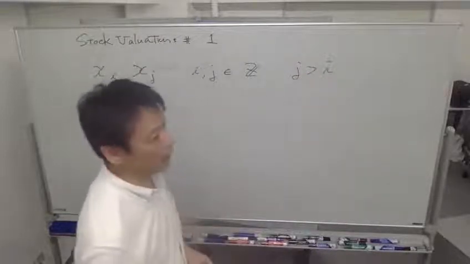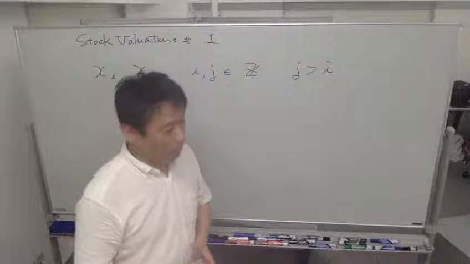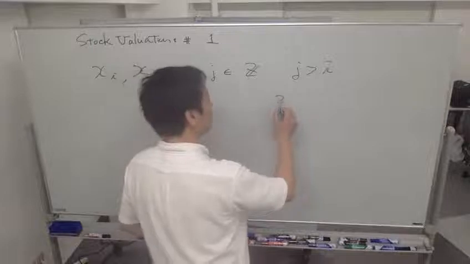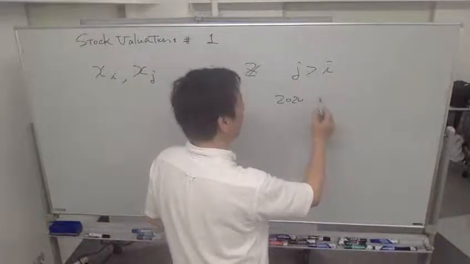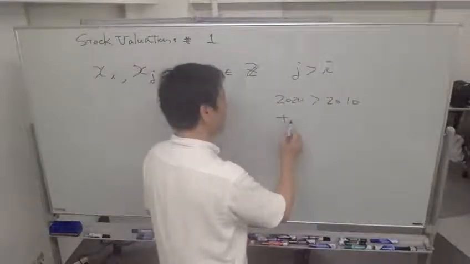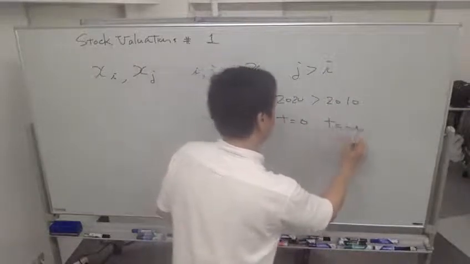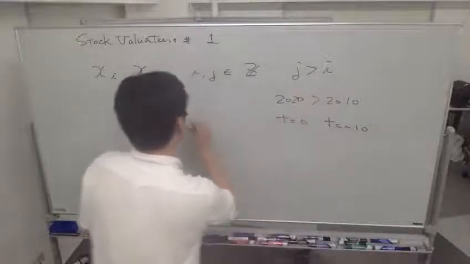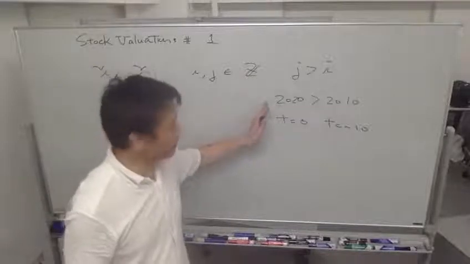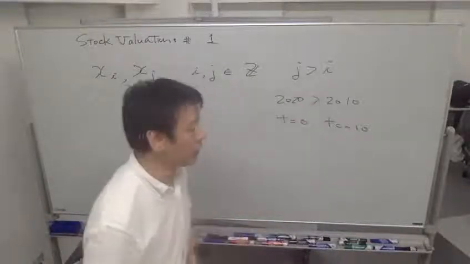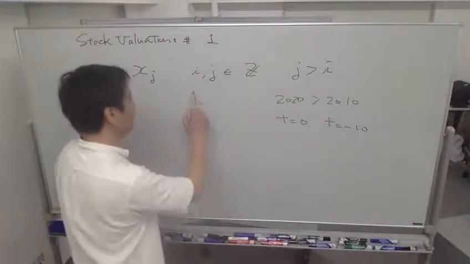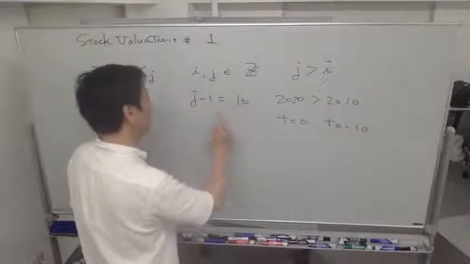For example, when are we? We are in 2020. For example, j would be 2020 and i would be 2010. If j is 2020, this year, and i is 10 years ago, 2010, the difference between j and i would be 10.